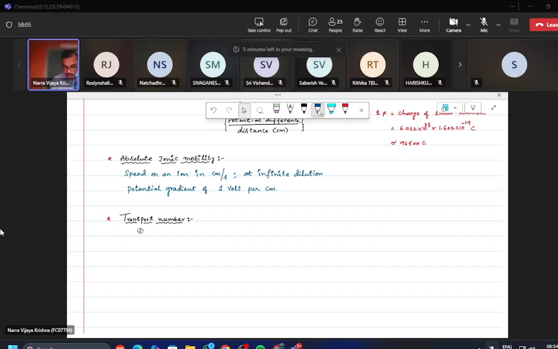Transport number means the fraction of current carried by an ion. This transport number is also called the transference number.